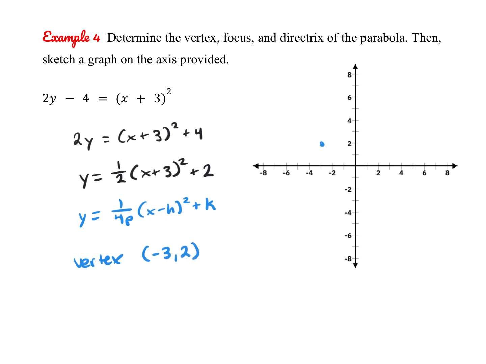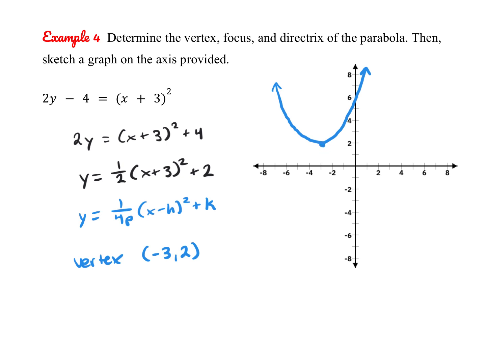So we can plot that. And because this value out front is positive, and again, x is being squared, that tells us that our graph is going to open upward. So it's going to look something like that. Again, this is a super rough sketch. For today, we're just worrying about the vertex, the focus, and the directrix.